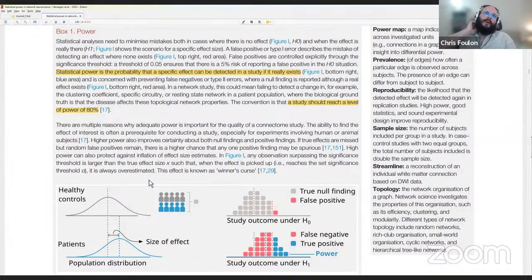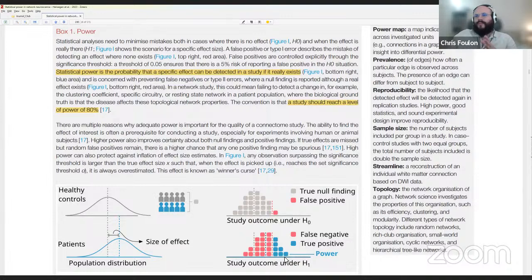But another type of error that is very relevant for the connectivity studies in the brain is the type 2 errors where we have false negatives. So we are not capturing all the relationships in our data because, for example, we are overcorrecting. So that's illustrated by the second part.